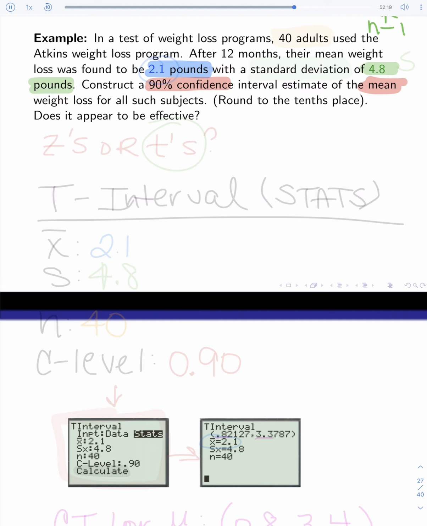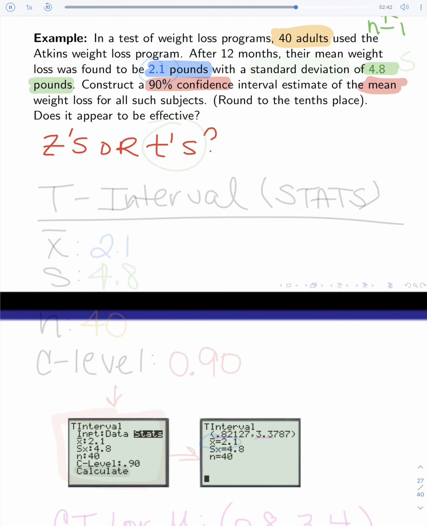Okay, so we're going to make a confidence interval for the mean. That's how we know that we're going to be using either Z's or T's. The question is which one? Well, we are using a sample of 40 adults. The question between Z's or T's is whether or not we have sigma.